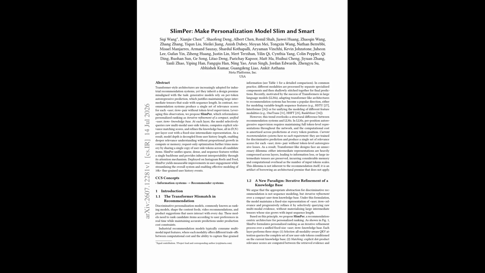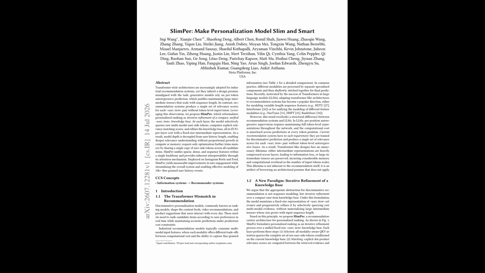You can think of the templates as capturing different facets of what makes a user item pair relevant, like topical match, recency, engagement style. The explicit dot products produce interpretable relevance scores along each facet, which then drive the knowledge base update. It's a more structured relevance computation than just letting a big MLP figure it out.